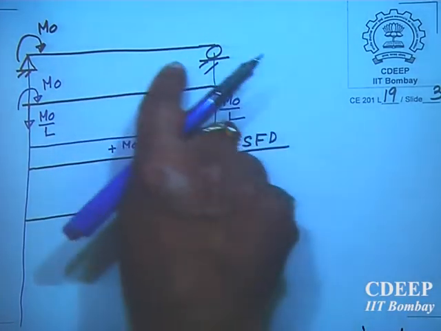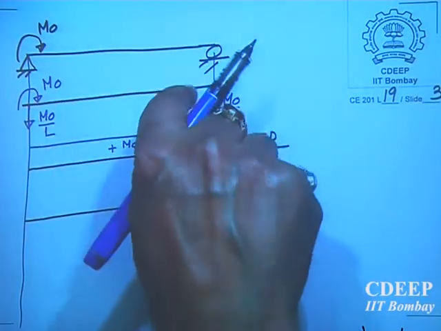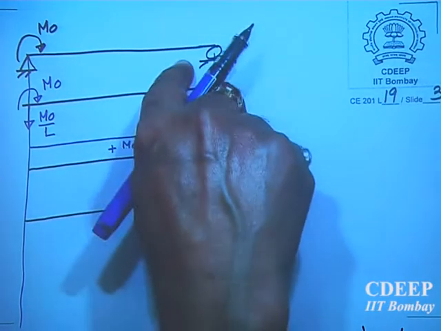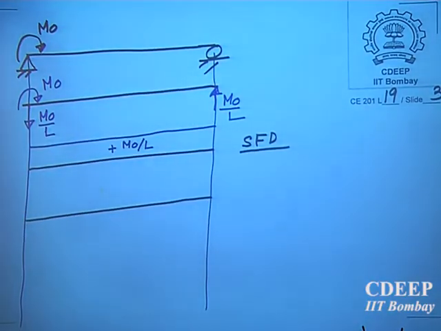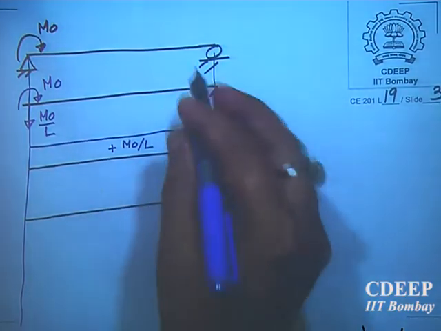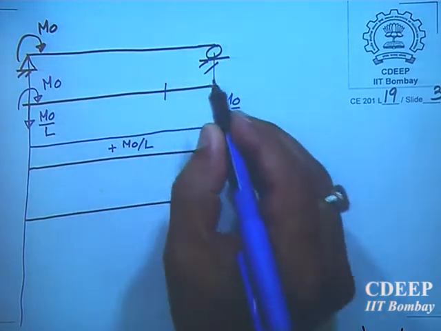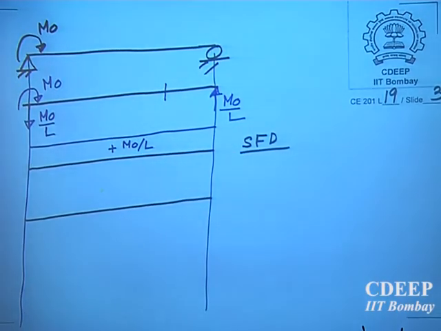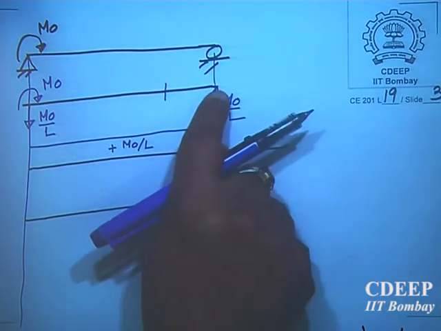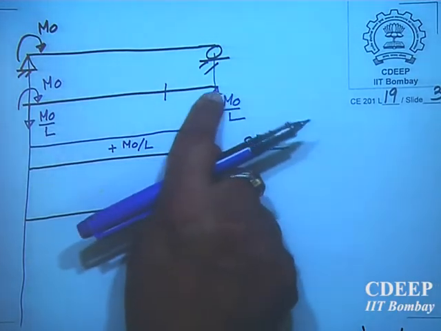See, I can see bending moment will be bending moment. Positive or negative? At any cross section, positive or negative? Negative bending moment, right? It is negative bending moment, because I can also see, simplify from the left, from the right.